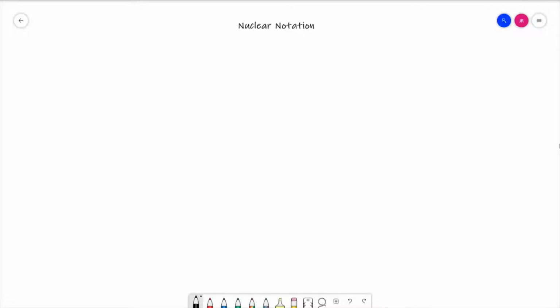Moving away from the history lesson then, the first thing we're going to look at today is nuclear notation, which is a way of writing down what's inside a particular nucleus, and obviously is an effective communication tool when we're talking about nuclear physics. Now, the general way that we write down a nuclear notation is like this.